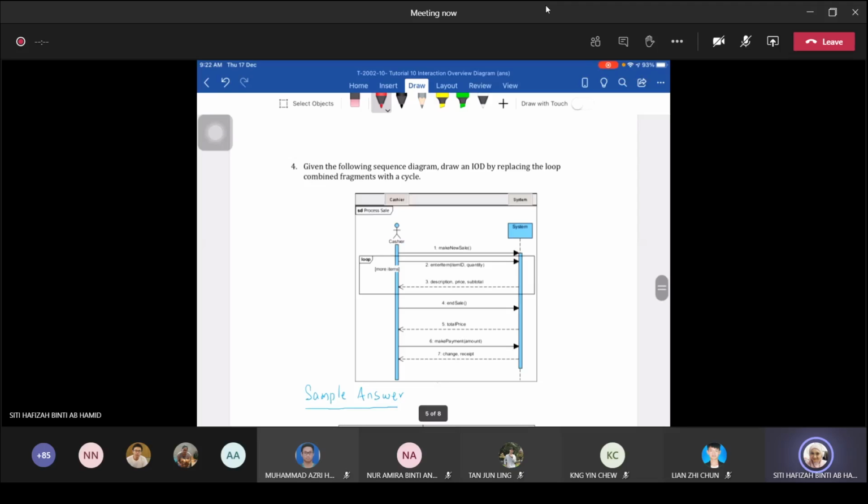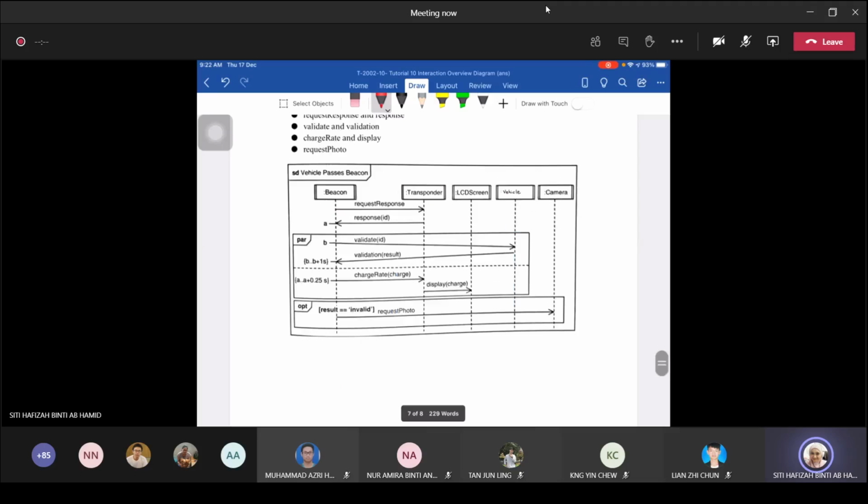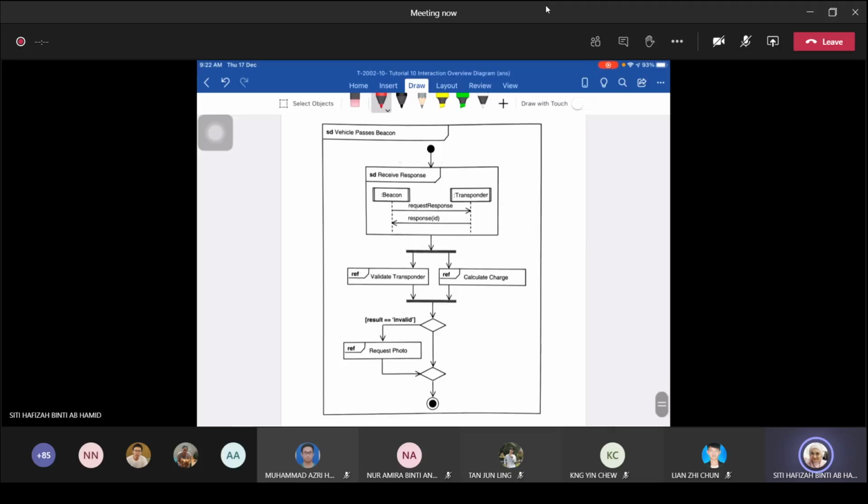What you can do is something like this. Alright, so this one represents the parallel part, right?